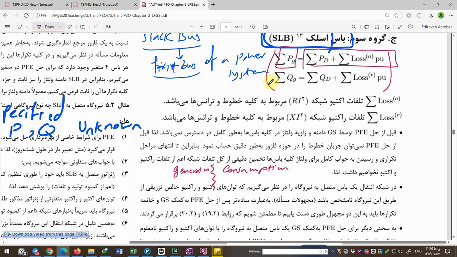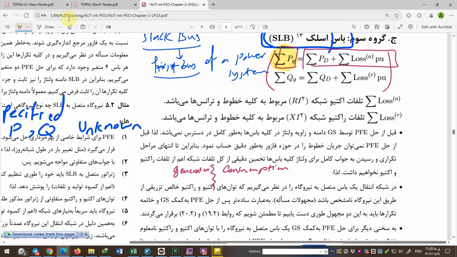For example, we have in a power system, for example, 10 power plants, and the sum of active power of these 10 power plants is sigma Pg. Sigma Pg in the left hand.